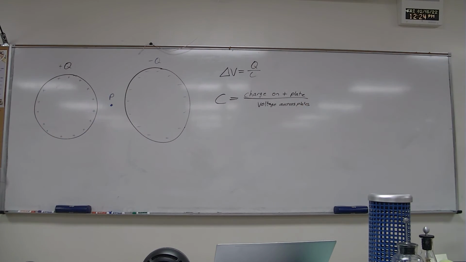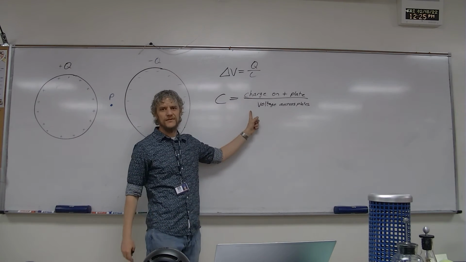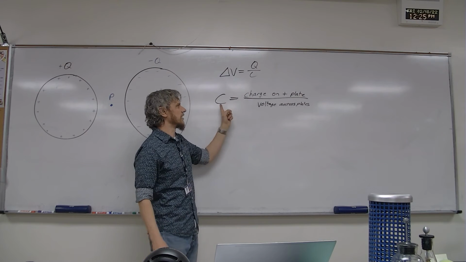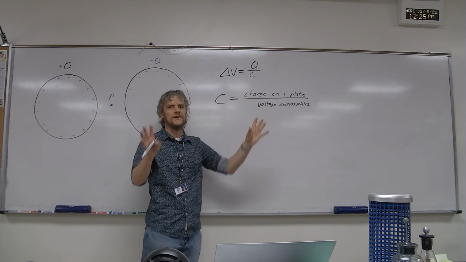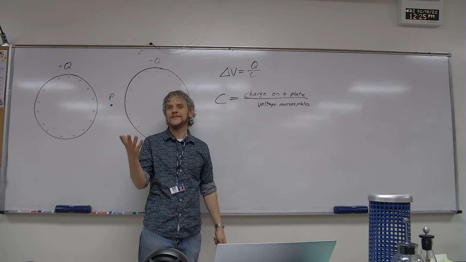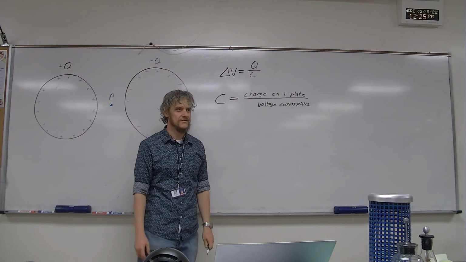So if I wire a capacitor to a 1.5 volt battery, the plate that is attached to the 1.5 volts will be at 1.5 volts. The plate that is attached to the 0 volt point, which is the negative terminal, will be at 0 volts. So the potential difference across the plates would be 1.5 volts. And the charge on the plate will be just the total amount of charge on the positive plate, because what is actually the amount of charge stored in a capacitor?